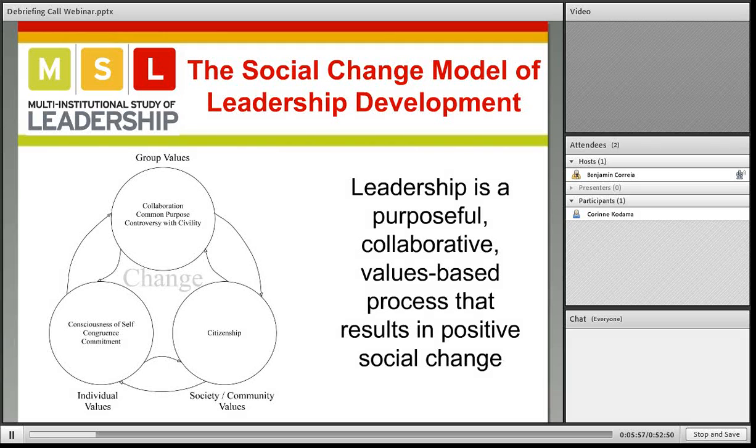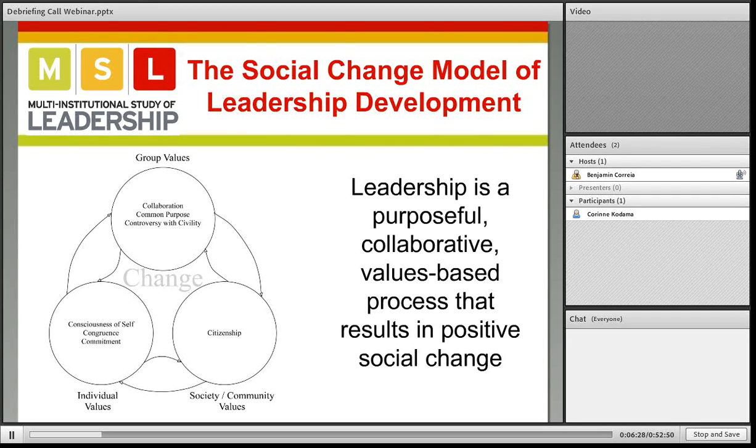Again, here I won't go too in depth into the social change model of leadership development. There is a lot of information out there through various books. We're hoping that many of you have had contact with this model, given your involvement with the MSL. Here is the basic construct of the model: there are 3 different domains, individual, group, society, and then 7 C's or 7 values within those domains.